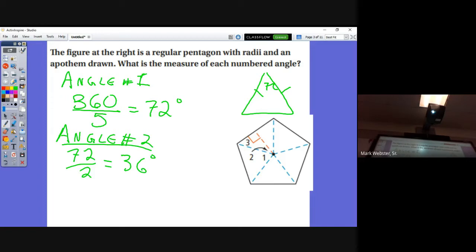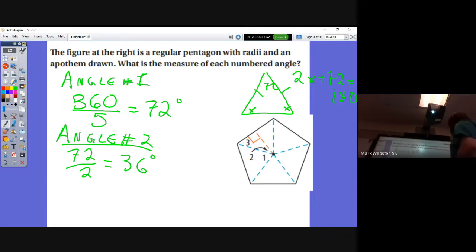Since it's an isosceles triangle, we know that these two angles down here are the same, right? We can call those x. Well, the 3 angles of a triangle add up to 180, right? So 2x and 72 better make 180. We can just solve, right? So all we have to do is solve for x.